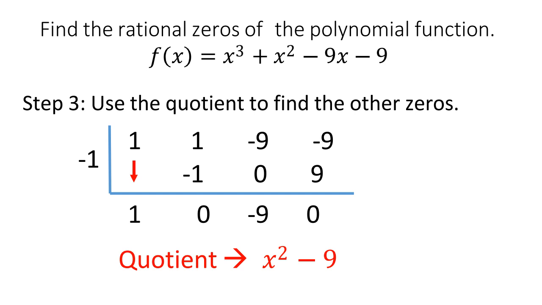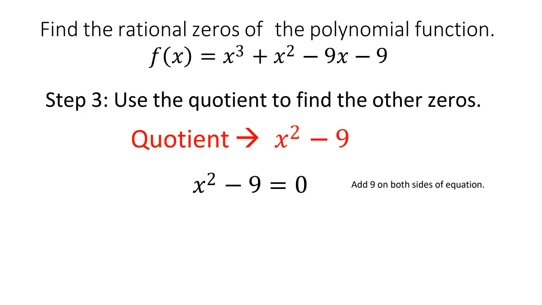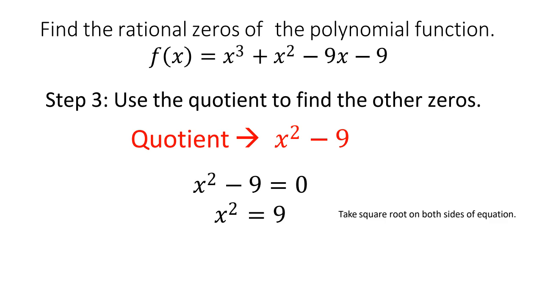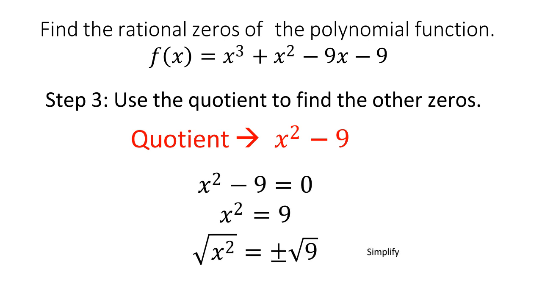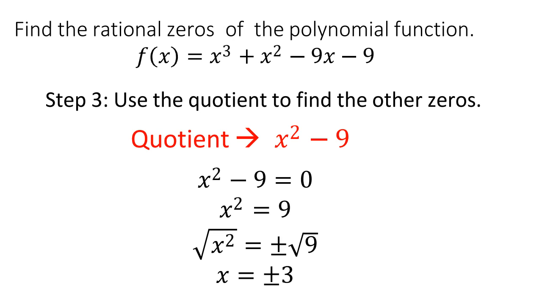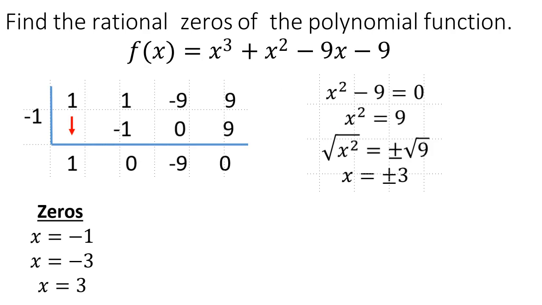So now I can use my square root property to solve for this one. I'm going to add 9 on both sides. Take the square root of both sides, and the square root of 9 is plus or minus 3. And now I have the solution for this graph. The zeros for this polynomial are at x equals -1, which is the one that I found from synthetic division, and at x equals -3, and at x equals 3 using my square root property. Yes? Now, these are my zeros.